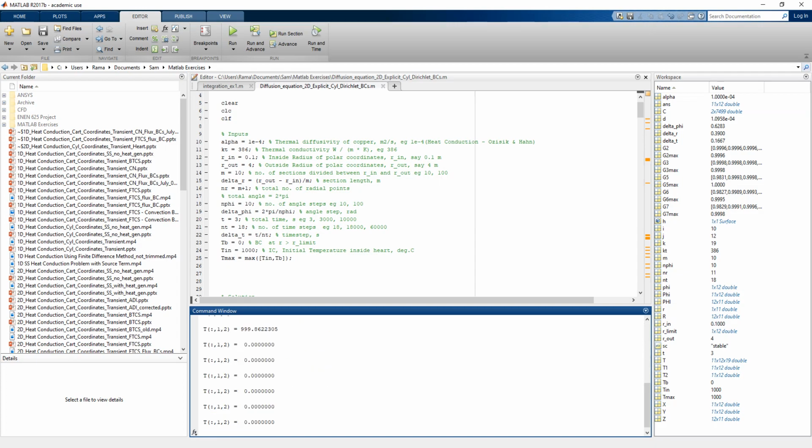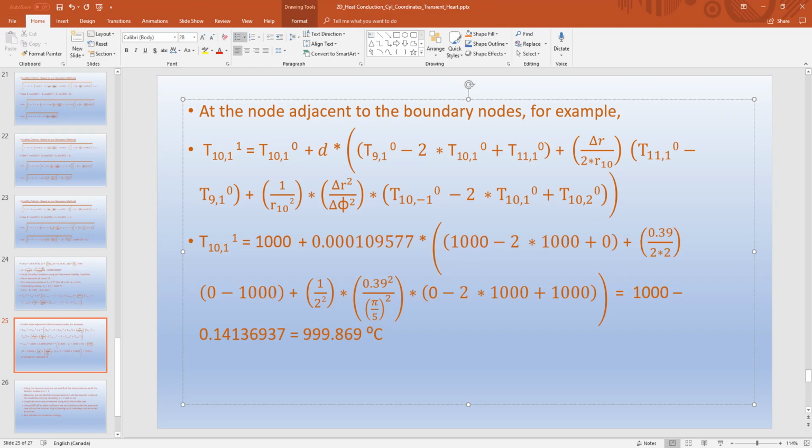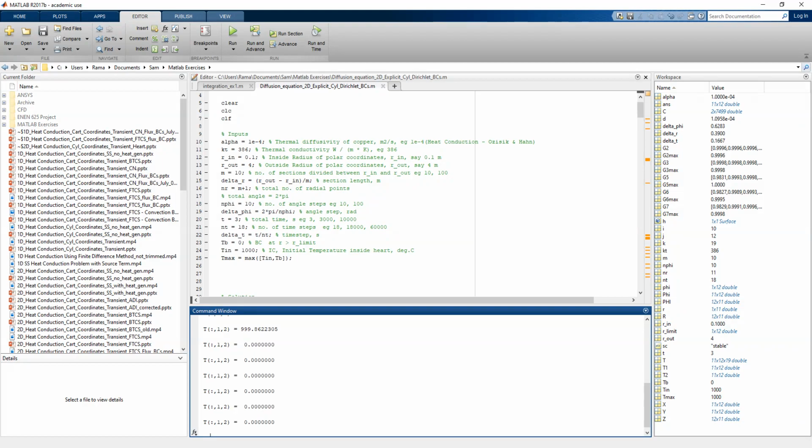And at the boundary, just inside the boundary, we have this value 999.86, which we calculated over here. 999.86 at 10 comma 1 node, for the first time step. So our answers match here, 999.86.